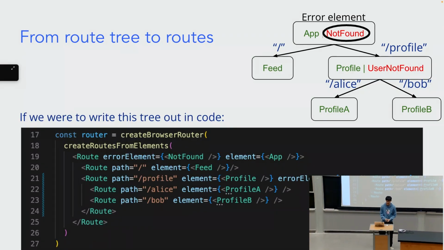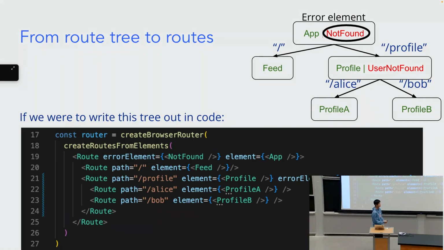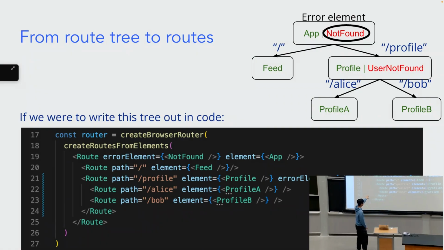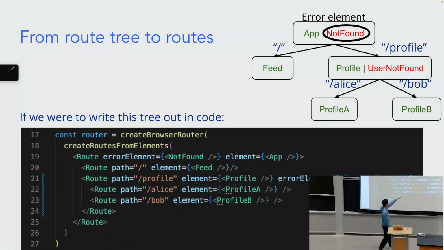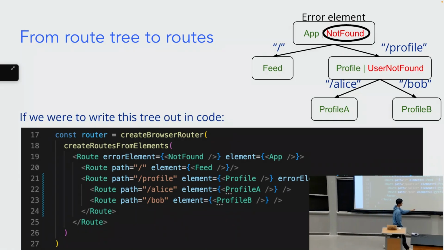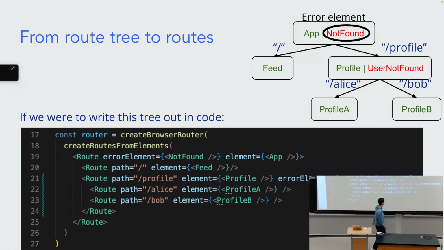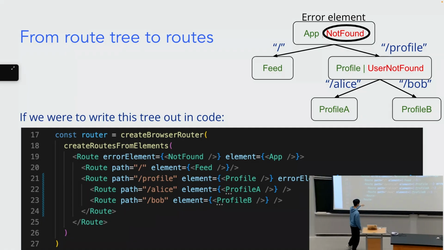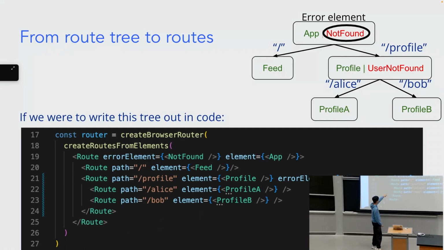Cool. If we were to write this tree out in code, it would look something like this, where we have this inner profile tree where there's a /profile here, and it has an error element of user not found. And then beneath that, there's two sub routes essentially.